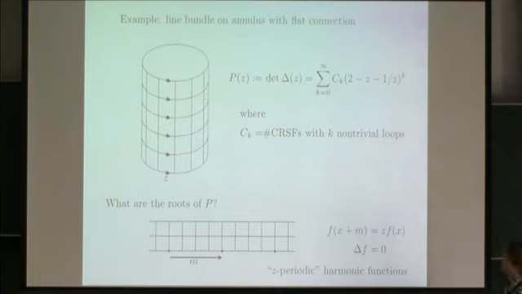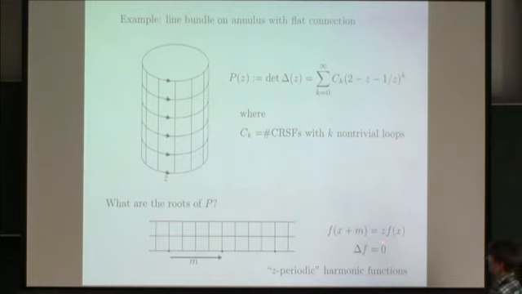Maybe that was too much to say all at once, but if I've got a function in the kernel of this matrix, then locally it's just harmonic, because the Laplacian really does look like the standard Laplacian at every point, except that when you go around once, the value of the function gets multiplied by z.